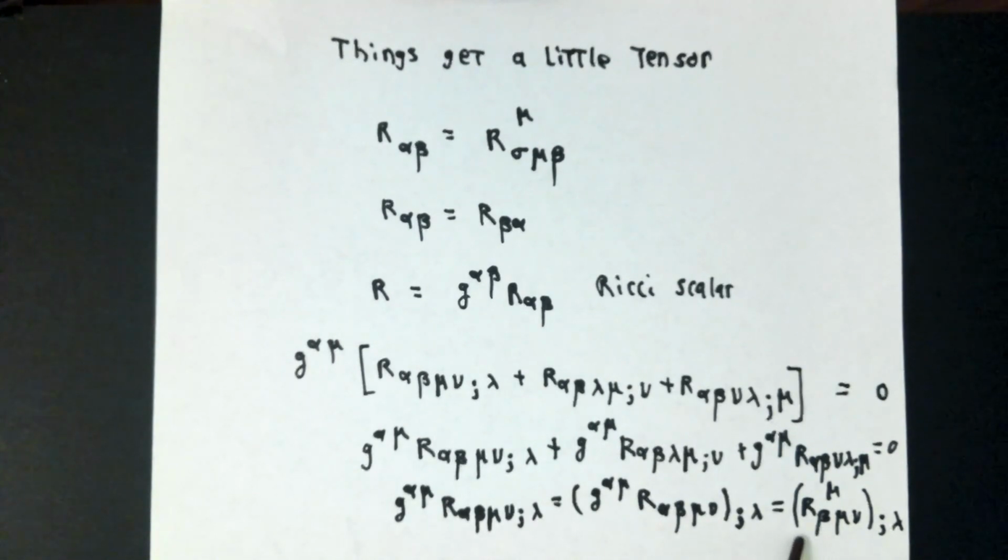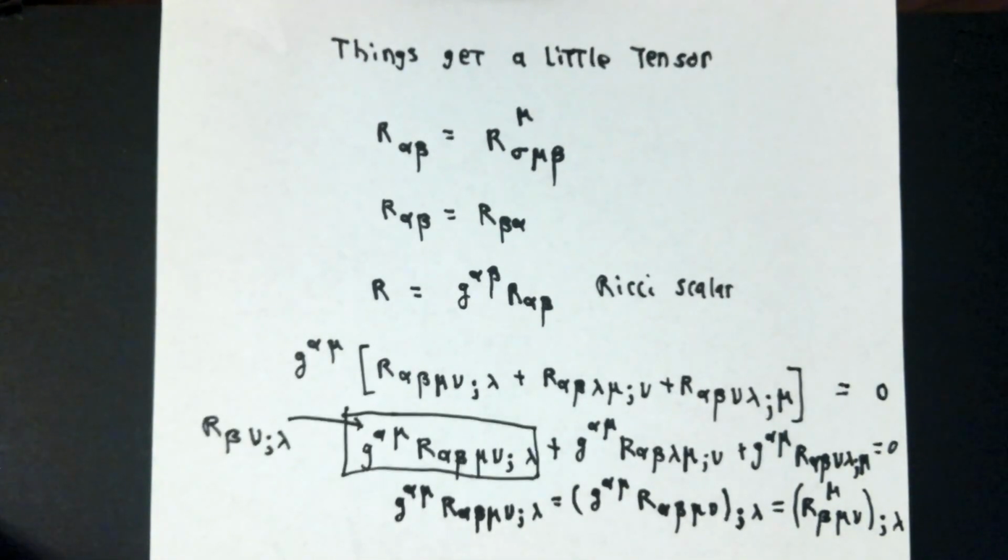If you look at the quantity inside the parentheses, though, this is a component of the Ricci tensor. The mu is an index of summation, so what we're really doing here is we're taking the covariant derivative with respect to x number lambda of Ricci tensor component number beta and nu.